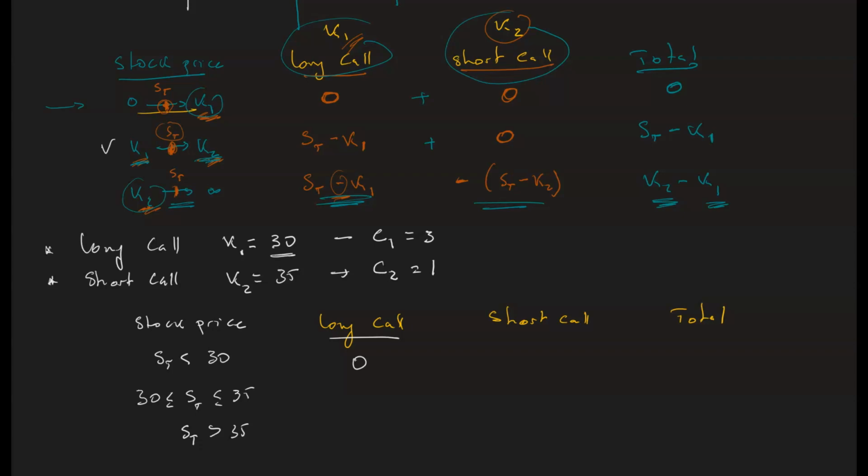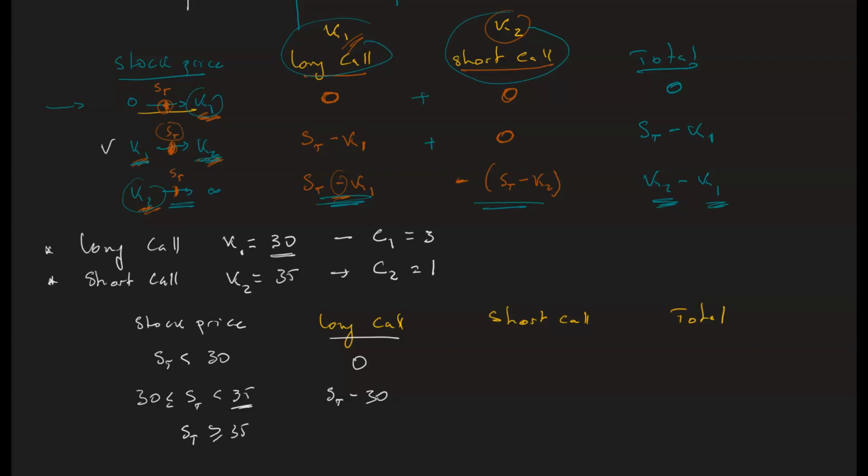If the stock price is above 30, however, that long call is going to be exercised, so the payoff is going to be equal to the stock price minus 30, our strike price. Now, we shouldn't have the equal sign here. The equal sign should be here because this is the strike price for the short call. So it really doesn't matter for a long call where the stock price is, so long as it's above the strike price, and that's when we're exercising the option.